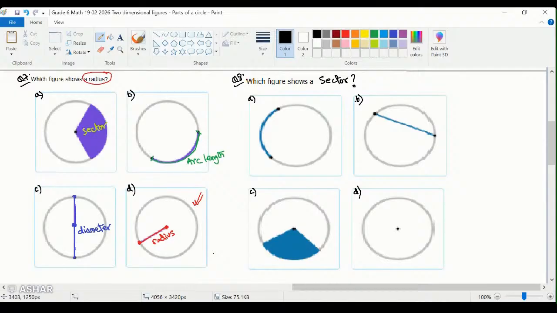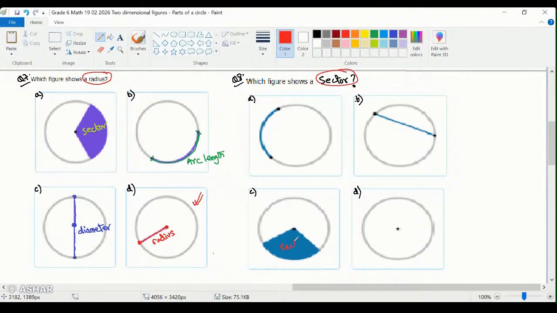So if we need to find the sector, a sector is like a slice, right? We know that a pizza, when divided into 8 slices, would mean a pizza is divided into 8 sectors, right? If we do half of the pizza, it means 2 sectors. If we make 4 pieces, 4 quarters, that means there are 4 sectors, right? That means 4 slices. So whenever we need to find a sector, we look for the slice.